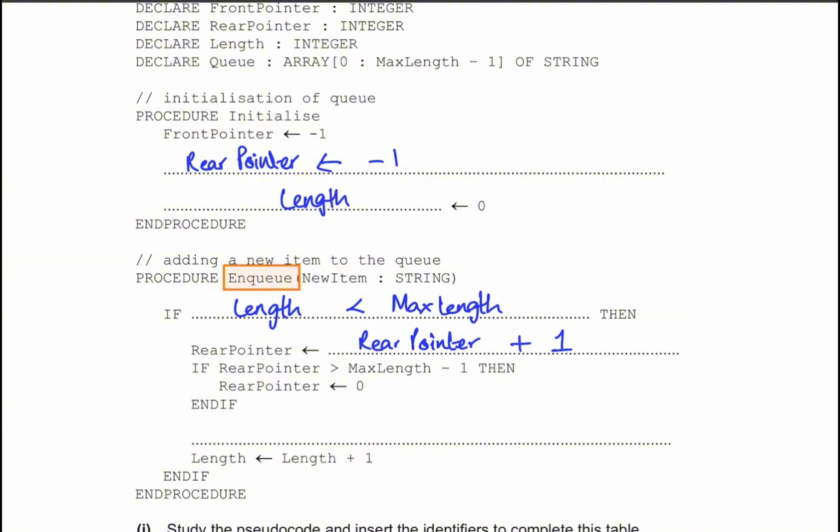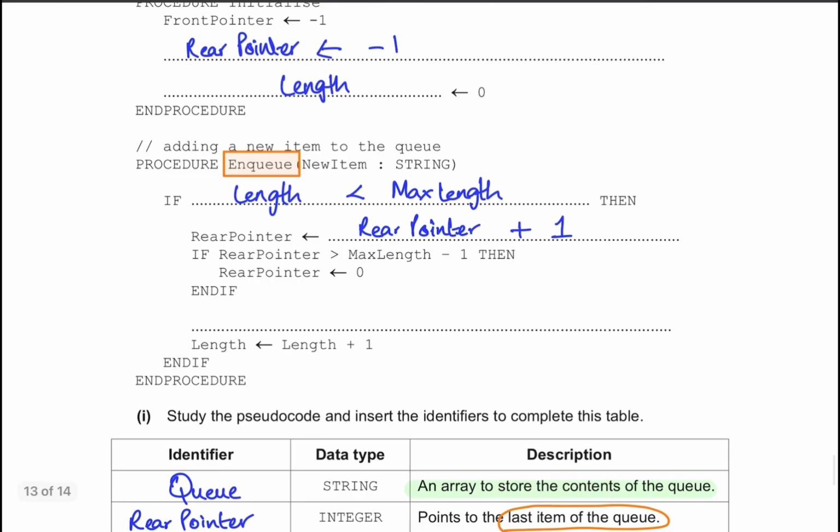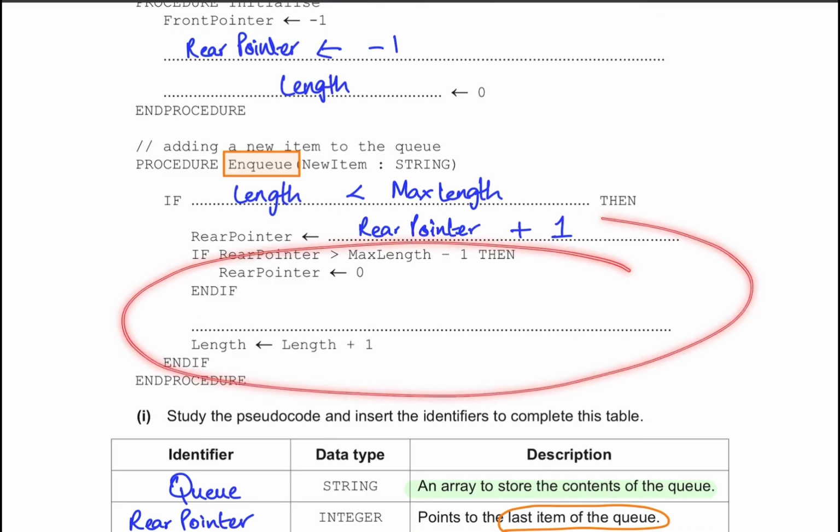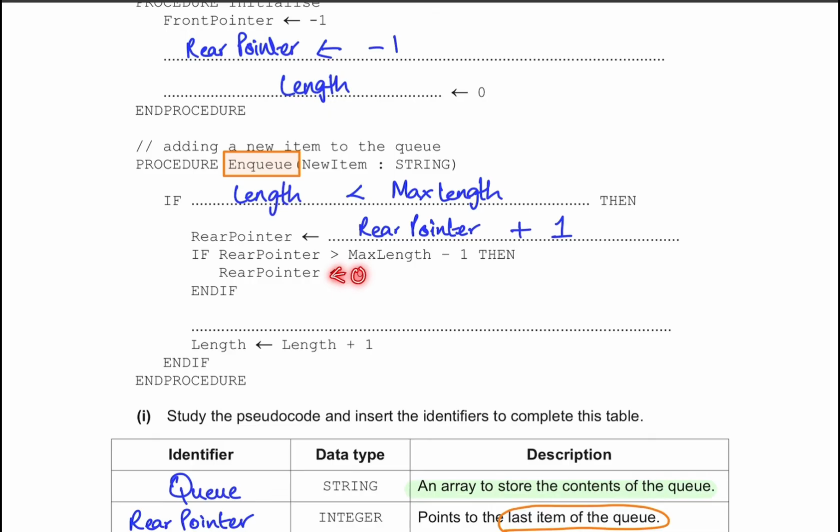Then read the pseudocode: when the code is coming towards the end, if the rear pointer is greater than the max length minus 1, then the rear pointer will become 0. And the array queue at the rear pointer is being stored with the new item.